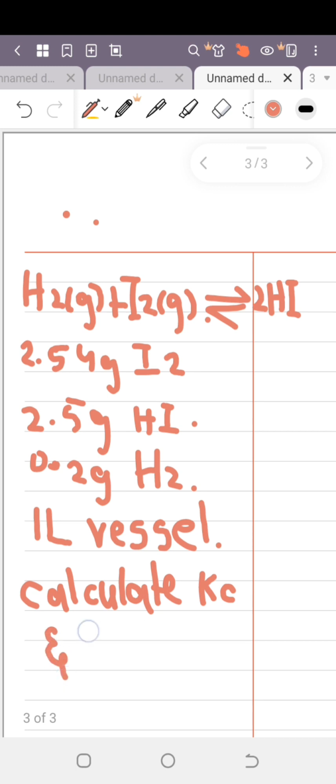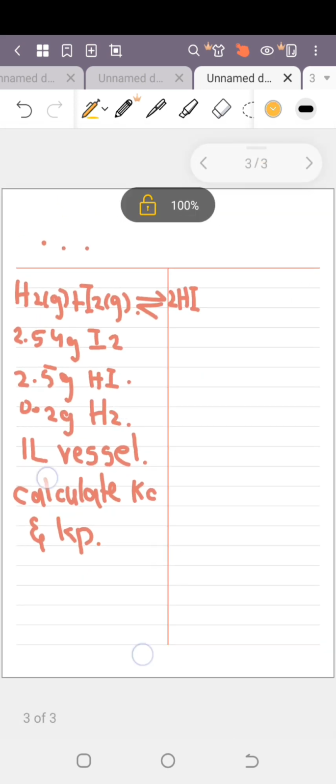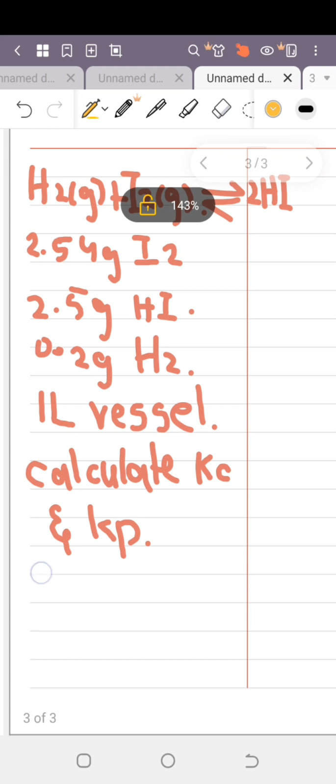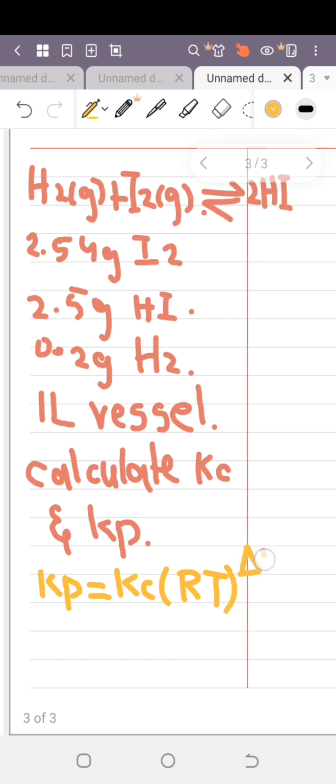First we'll write our formula, which is Kp equals Kc (RT) to the power delta Ng.